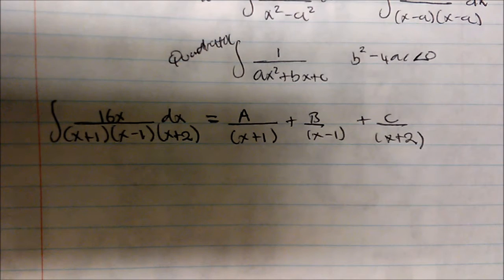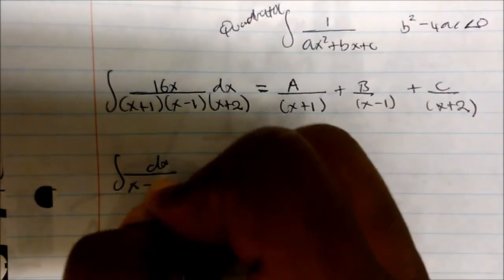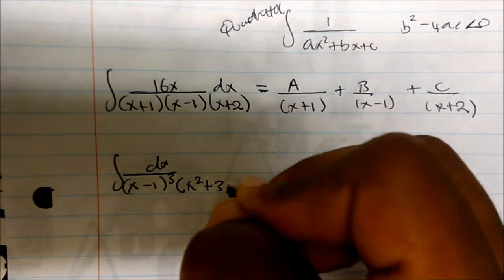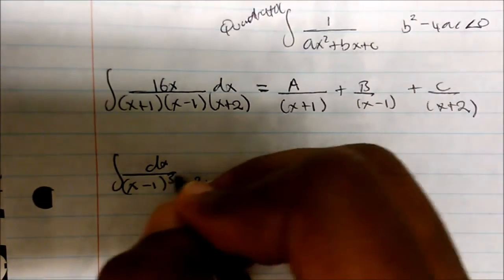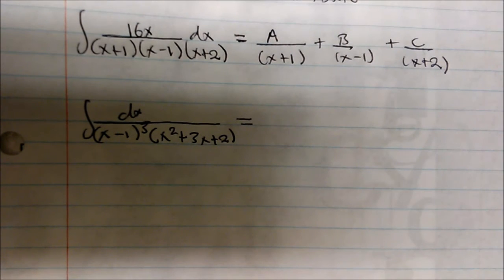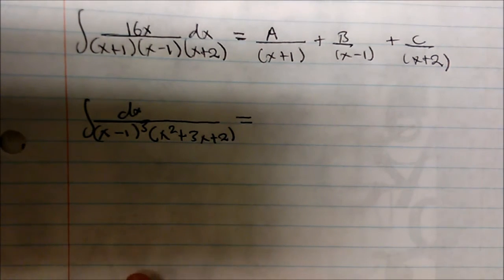Okay, let's look at another one. So in this case, how could we decompose this one? dx over x minus 1 cubed times x squared plus 3x plus 2. Well, to me, I always look to see if I could factor anything.